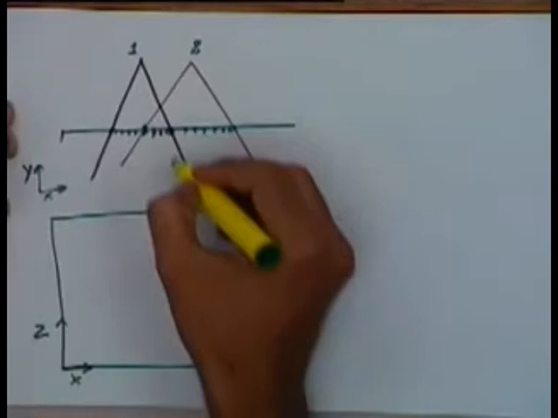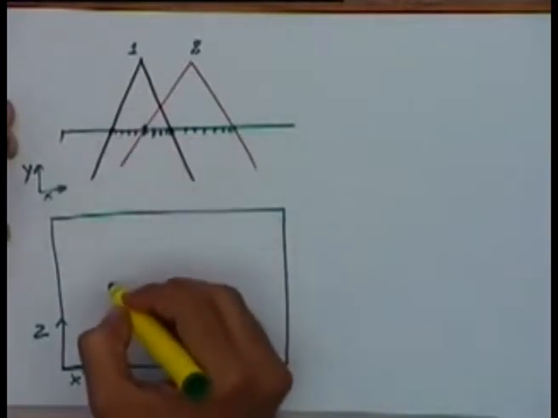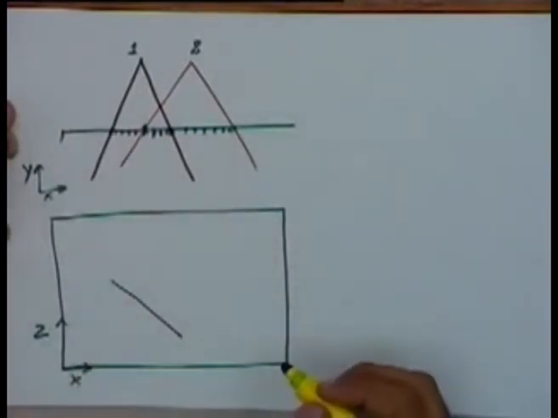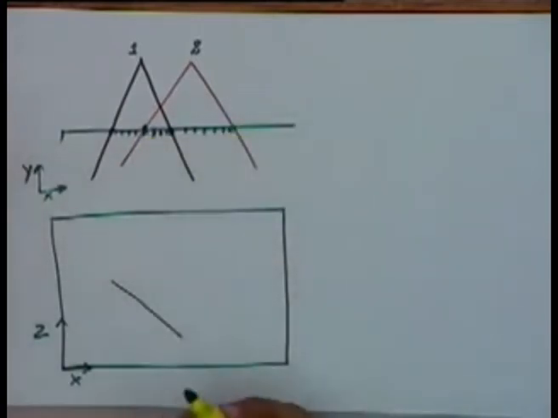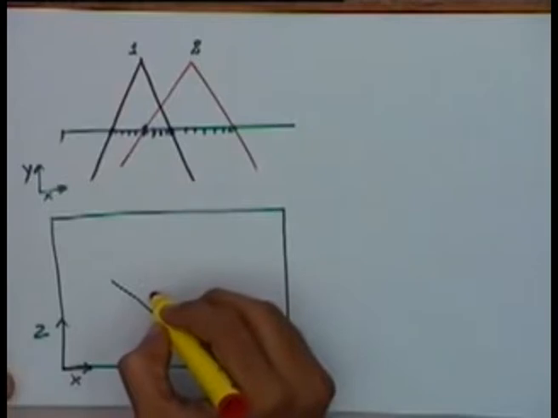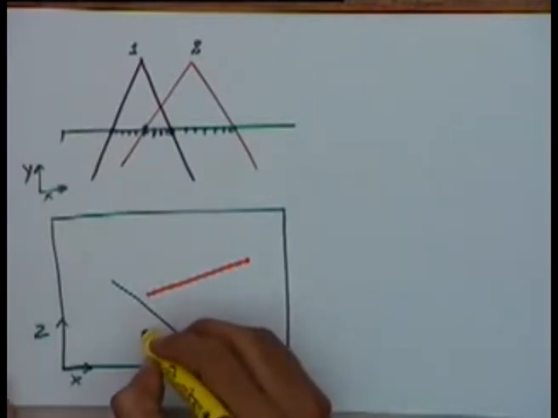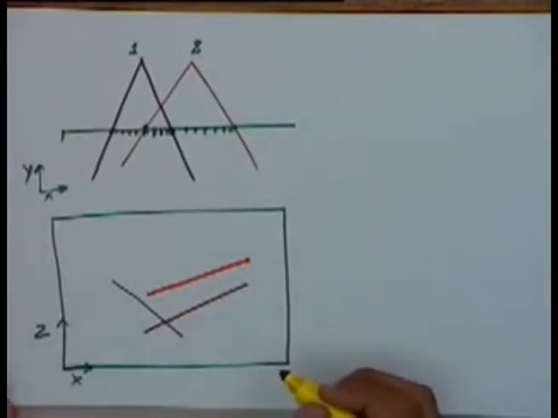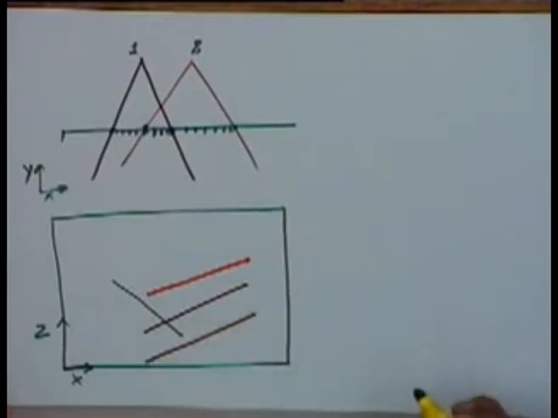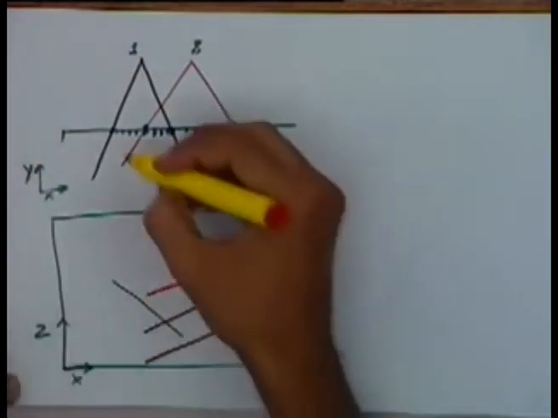So if I consider this polygon number 1, maybe it will intersect something like this, and polygon number 2 can intersect either like this, or maybe like this, or it can intersect like this. We will consider all the three cases.